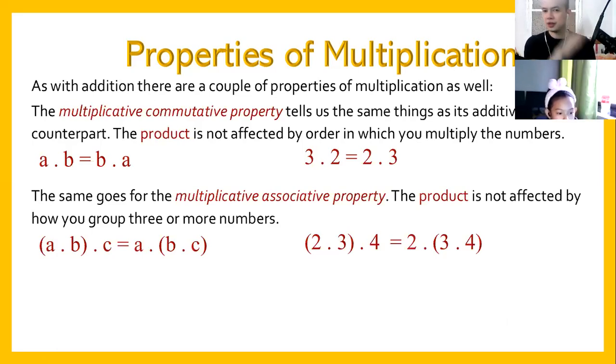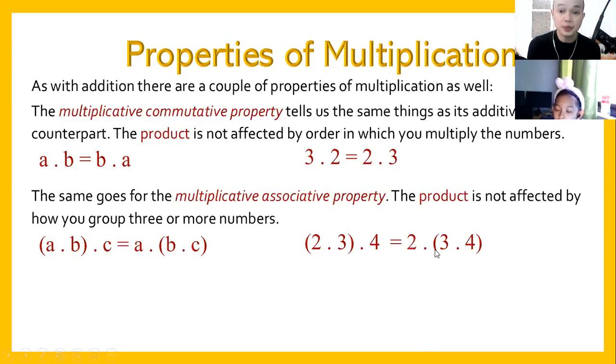Okay, let's try the other side of the equation. 2 times, you're going to do 3 times 4 first. What is 3 times 4? This part here. 12. Now multiply the answer here to here.